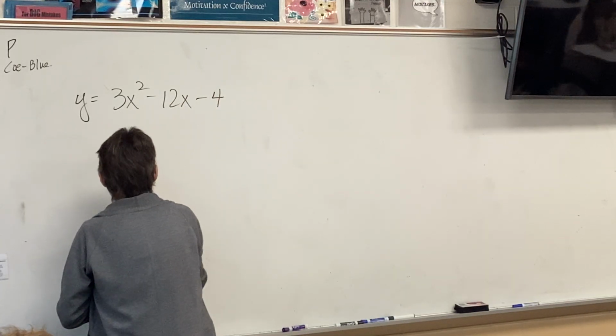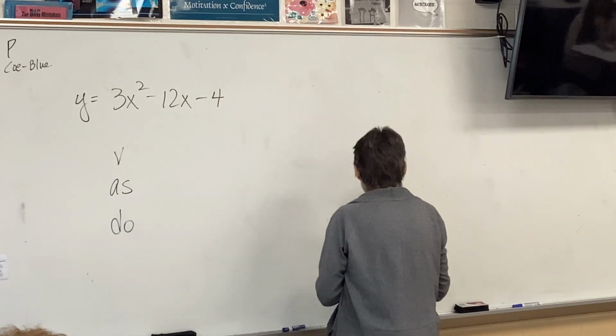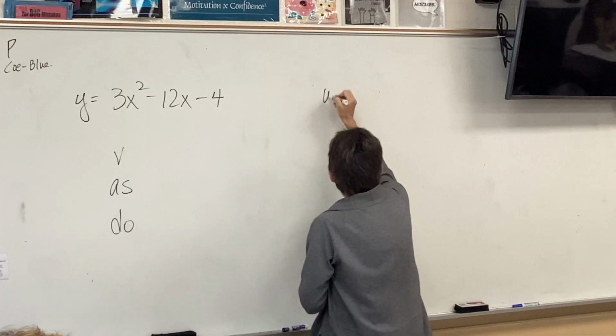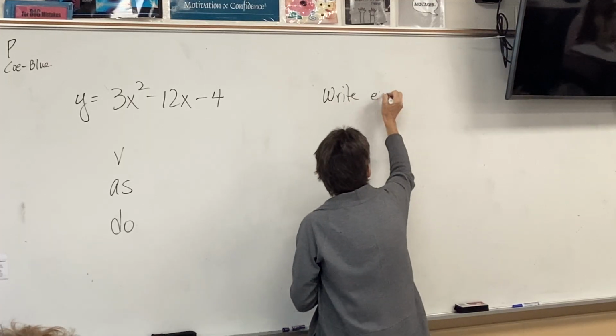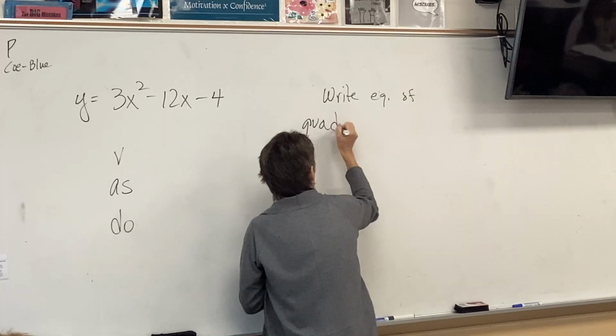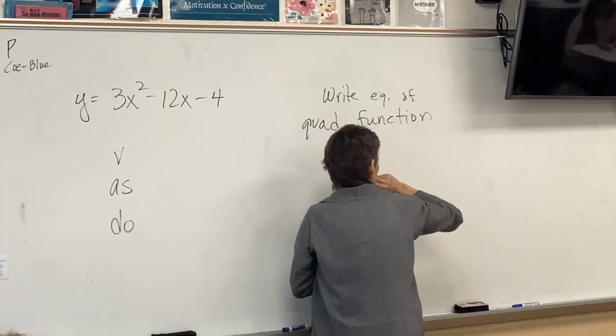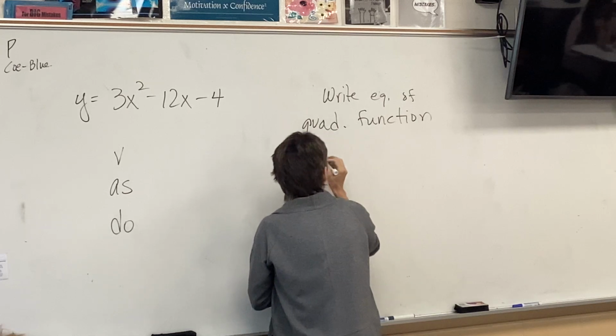First one, let's come up and have somebody find the vertex, axis of symmetry, and direction of opening. And then let's write the equation of the quadratic function. So maybe you're writing these down on a piece of paper.